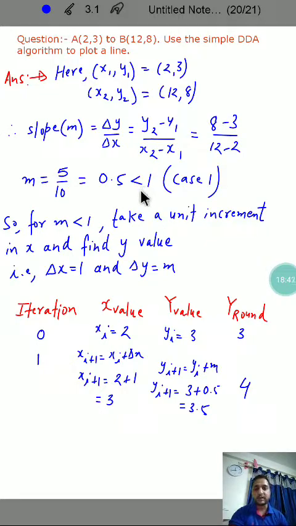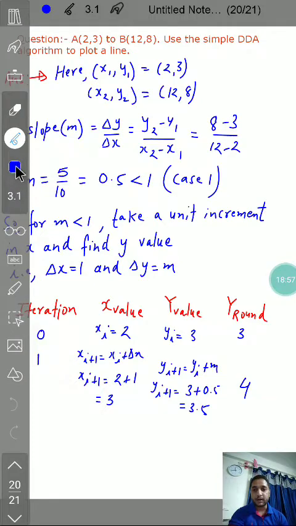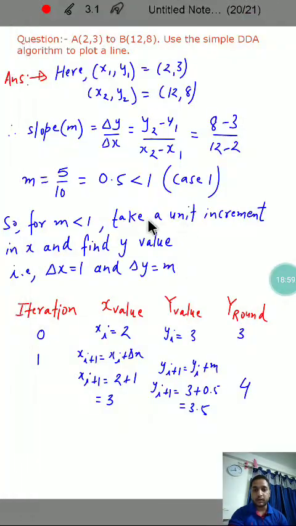So 0.5 is less than 1. As you know, this is the case we discussed in the previous slide, case number 1, where our slope is coming less than 1. So for slope less than 1, we know that we will have to take a unit increment in x and find the y value.